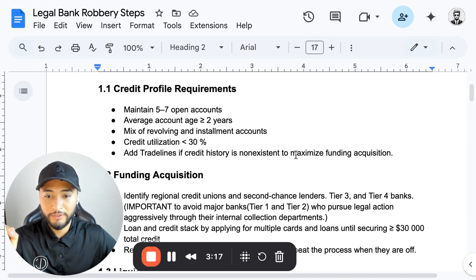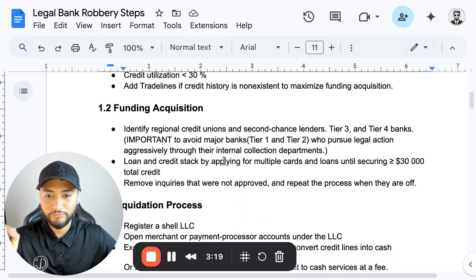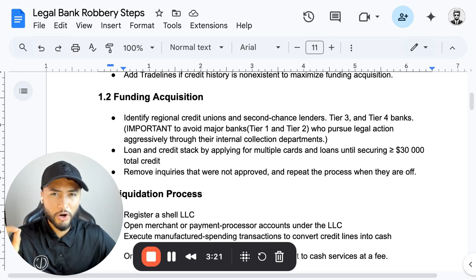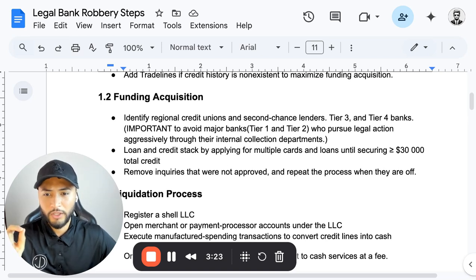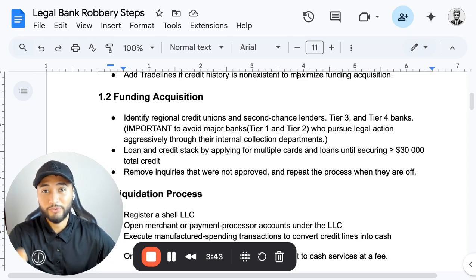Now, the funding acquisition, you want to target the right banks. For example, you want to target regional credit unions and second chance lenders who are tier 3 and tier 4 banks. What that means is they're smaller banks because if you go for the tier 1 and tier 2 like Chase and American Express, they're going to pursue legal action aggressively through their own collection departments.